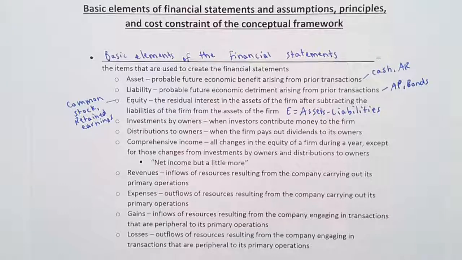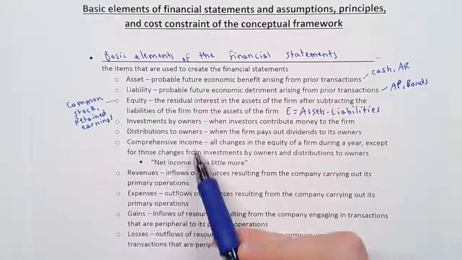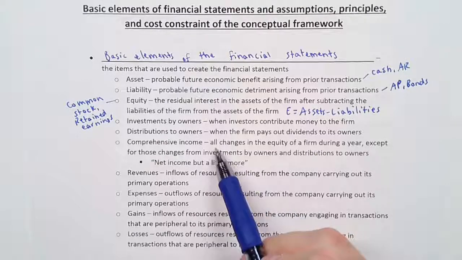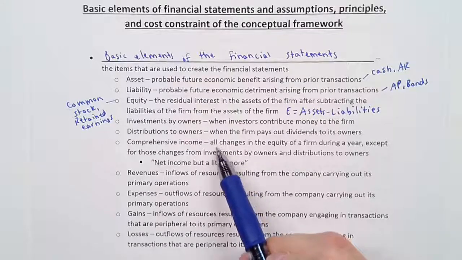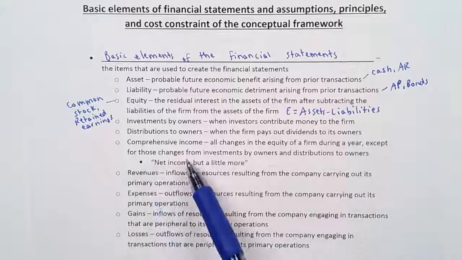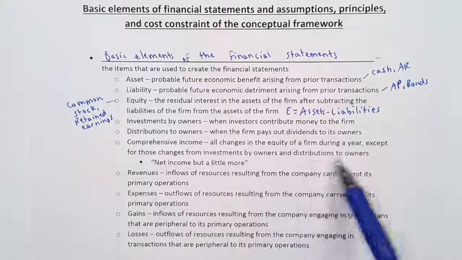Okay. We have this item called comprehensive income, which poses a lot of problems to students. It's sort of a new concept. It's a little bit nebulous. It's sort of vague as to what it really is. But basically, the technical definition is essentially all changes in equity of a firm during a year, except for those changes from investments by owners and distributions to owners.